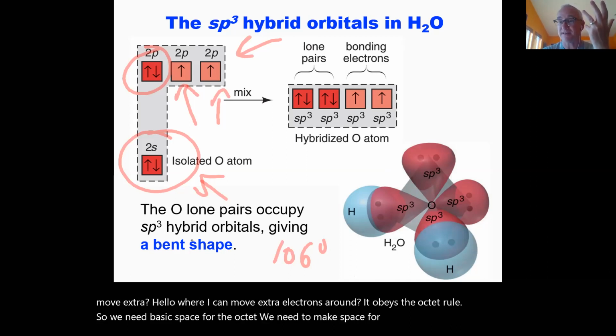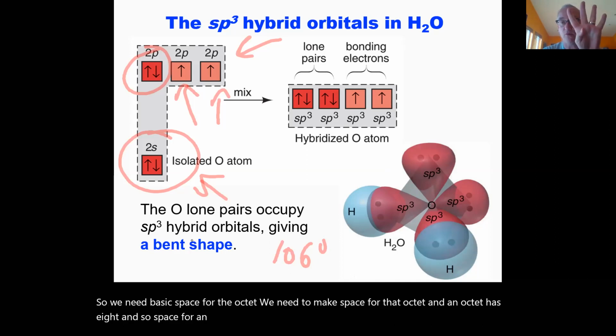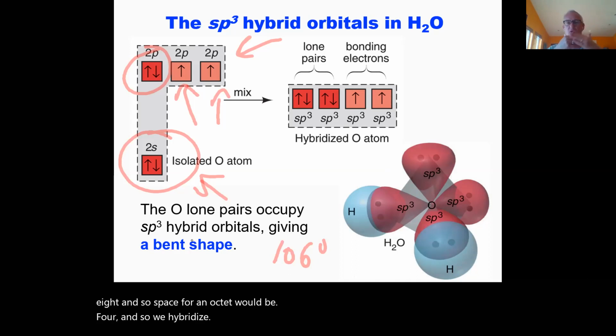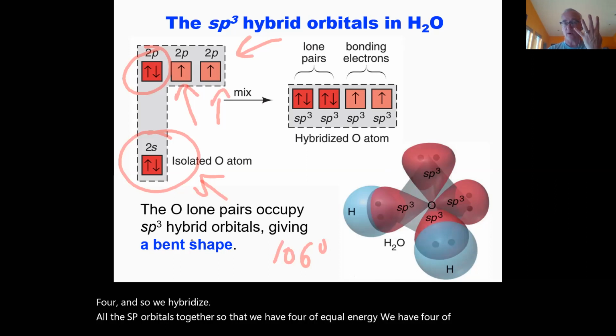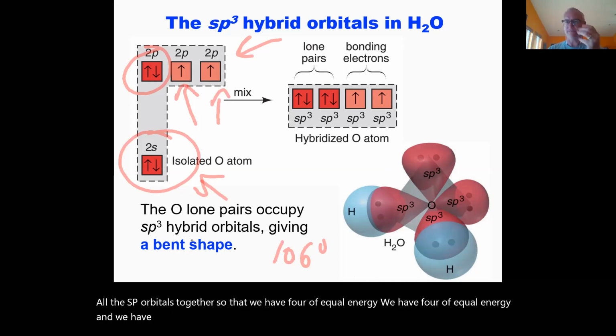An octet has 8, and so space for an octet would be 4. And so we hybridize all the s and p orbitals together so that we have 4 of equal energy, and 4 of equal orientation.